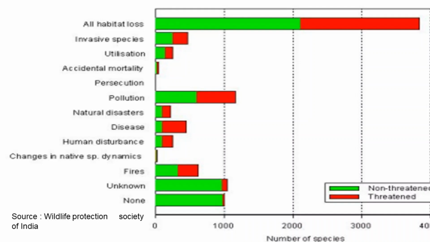When it comes to habitat loss, we can see that the non-threatened species are having larger habitat loss when compared to threatened species.